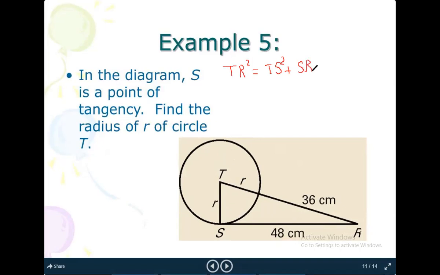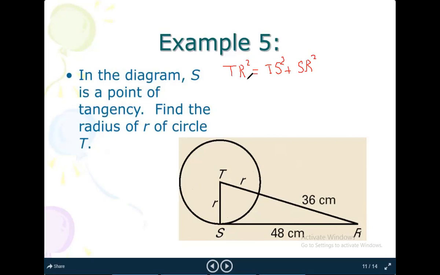No, will it be TR to the power of 2 and SR to the power of 2, not TS? No, TR to the power of 2, this is the hypotenuse, and TS to the power of 2 and SR to the power of 2. Okay. We will replace now.